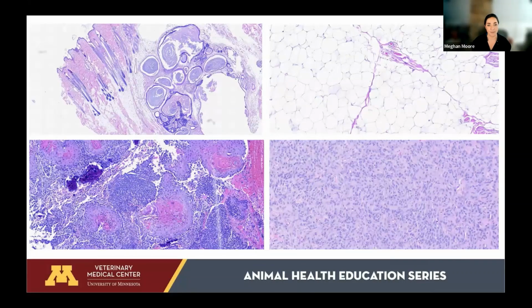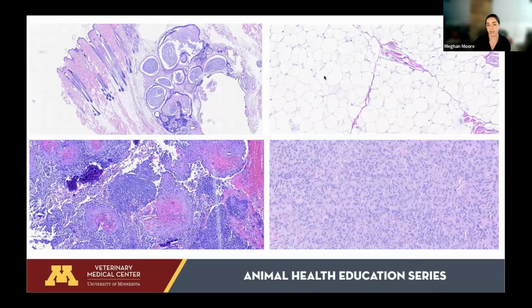So these are just some examples. The upper left is showing some haired skin, and there is a follicular tumor right there that is originating from a hair follicle. It is a benign tumor that we commonly see in dogs and cats. The upper right is an example of a lipoma.